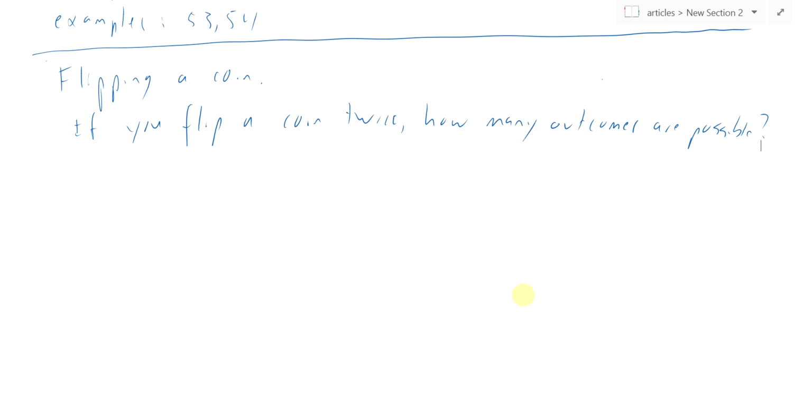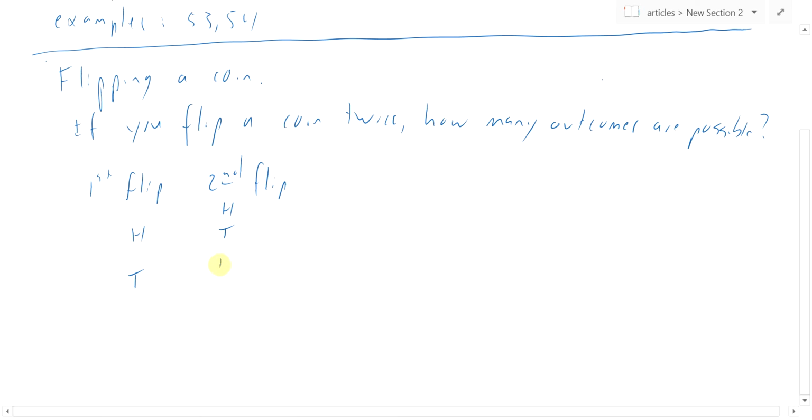So if you flip a coin twice, on the first flip, you can get heads or tails. So there's two outcomes. On the second flip, if you flipped heads on the first, you get heads or tails on the second.